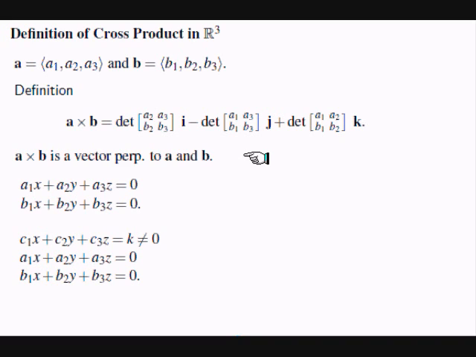So let C1, C2, C3 be the vector that is perpendicular to A1, A2, A3, and insert the equation like this and pretend this is another condition we're posing.